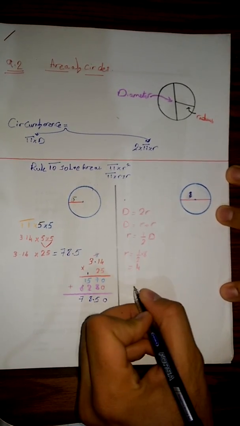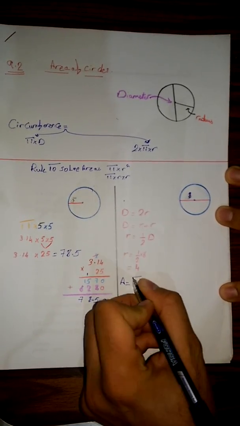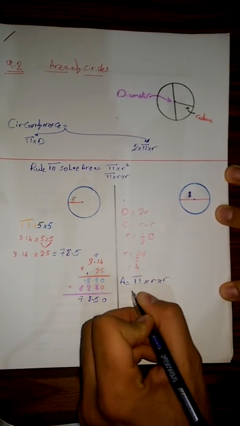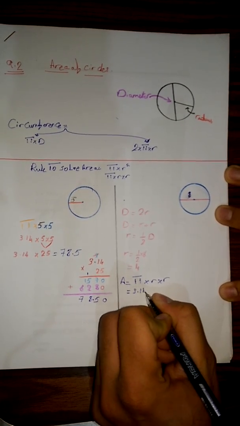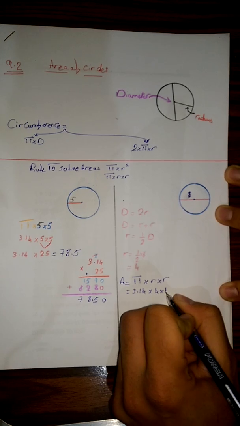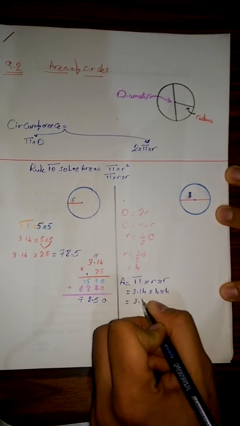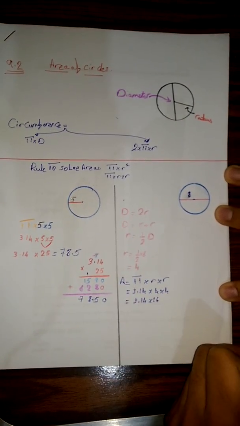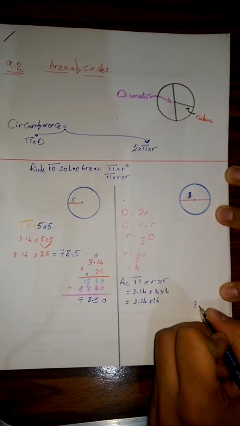So to find the area, area equals pi times r times r, which equals 3.14 times 4 times 4, equals 3.14 multiplied by 16. And here we're gonna go to the side and make a draft.